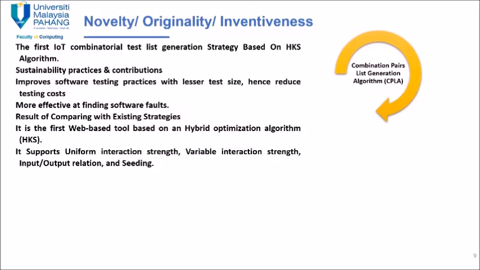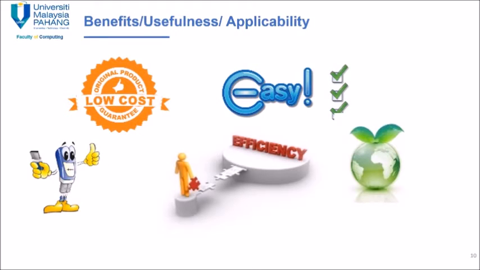It supports several features: uniform interaction strength, variable interaction strength, input-output relations, as well as seeding. So these are the benefits of this tool, its usefulness and applicability. It is very low cost compared to the existing tools available in the market, and it is also effective and portable.